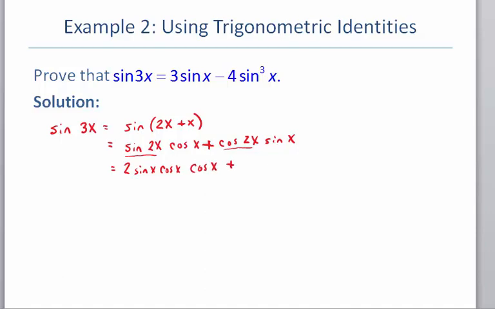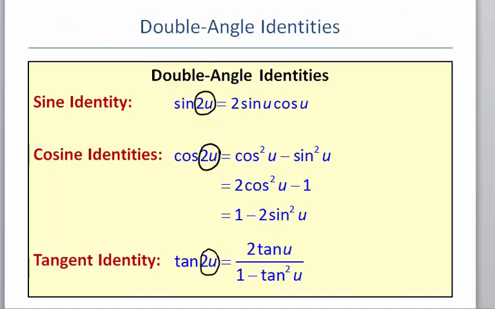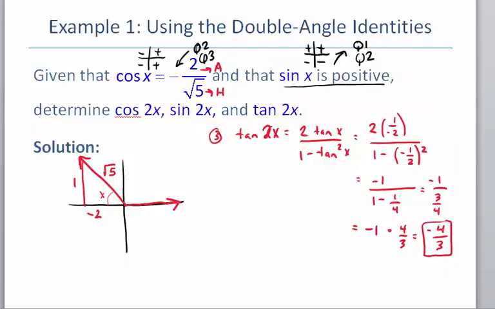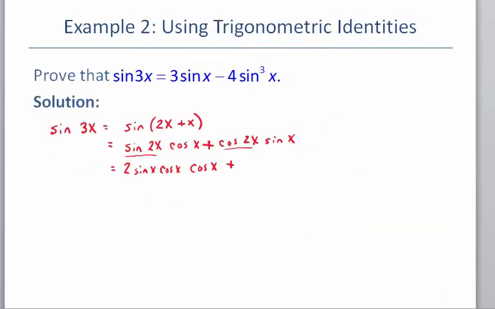Okay, now I need a formula for cosine 2x. And remember that this formula, we have some options. Since there's already a sine in this term, I'm going to look for the version of the formula that has only sines in it. So I'm going to use this third version, the 1 minus 2 sine squared. And I'm going to plug that in for cosine 2 theta.